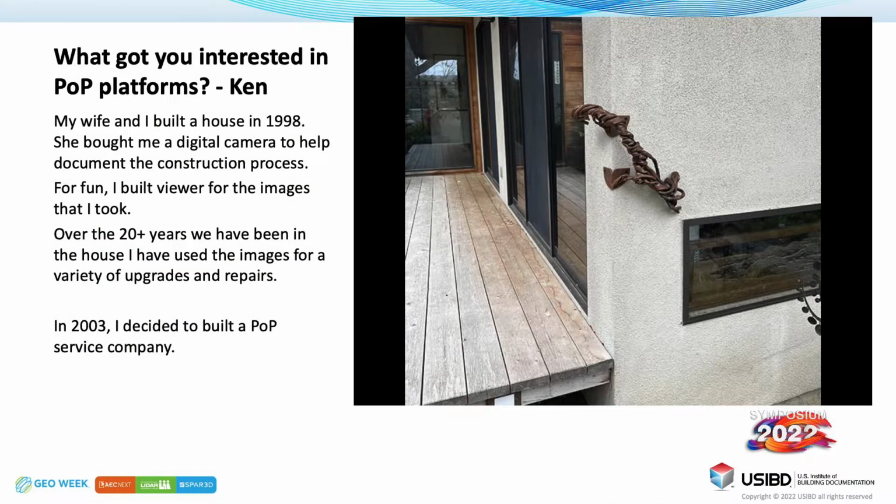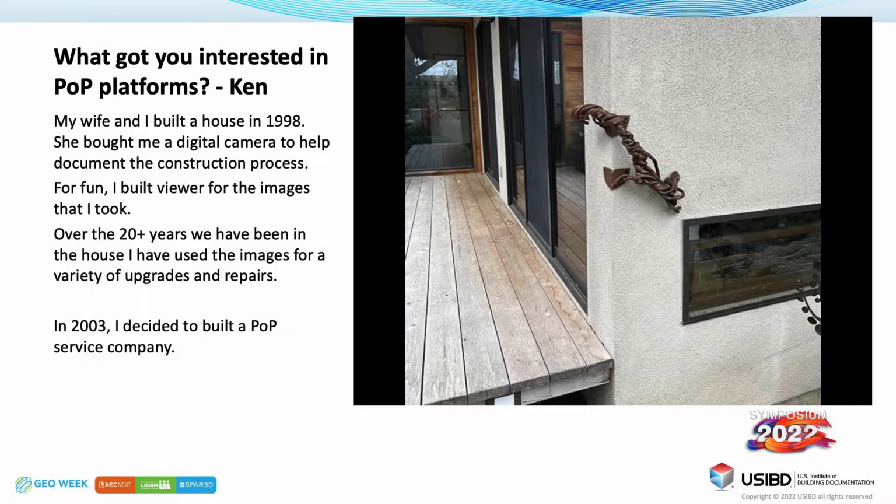I took a lot of pictures of the house, and just for fun, I organized them into a viewer you see here. I did that as a fun project, but then I realized there were uses for it after we moved into the house, and we've been using it quite a lot. This is one of the examples that we used it on.